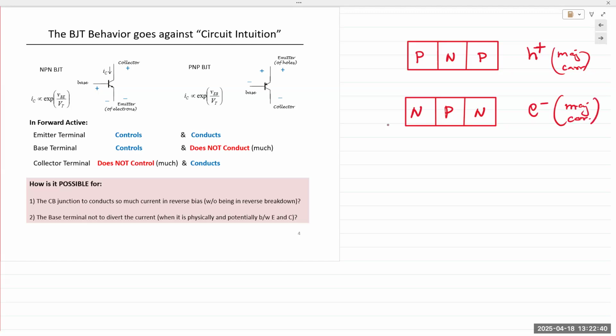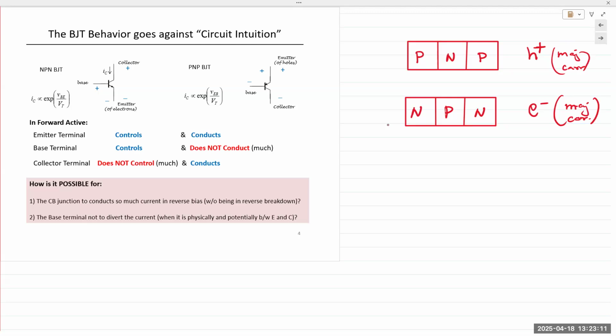Now, so far we always say majority and minority carriers. Well, the name bipolar junction transistor: junction is just a PN junction. Transistor, one of the earliest explanations for this was that it transfers resistance, a transfer resistor. And bipolar comes from the fact that the electric current is a function of both electrons and holes, both negative and positive charges inside the same device.